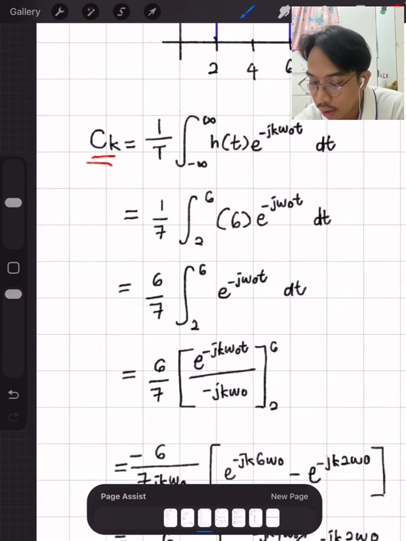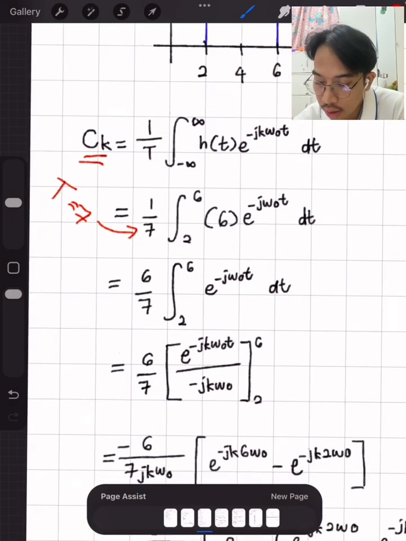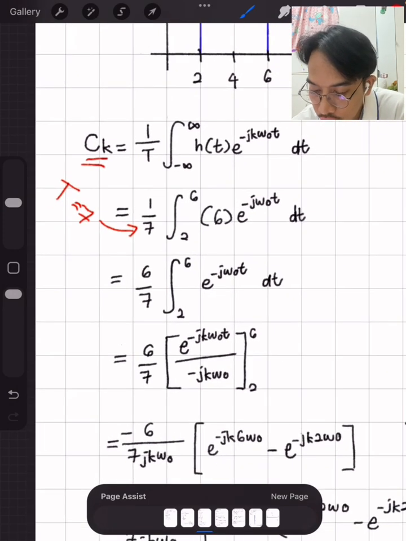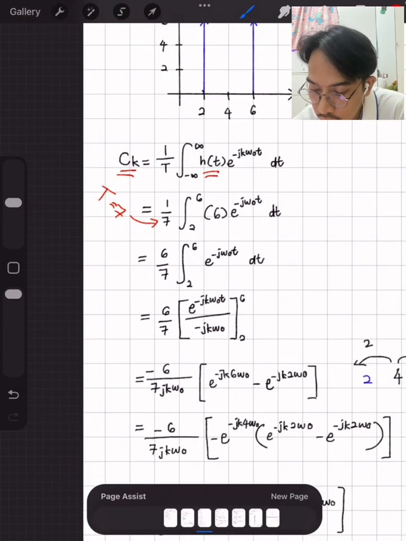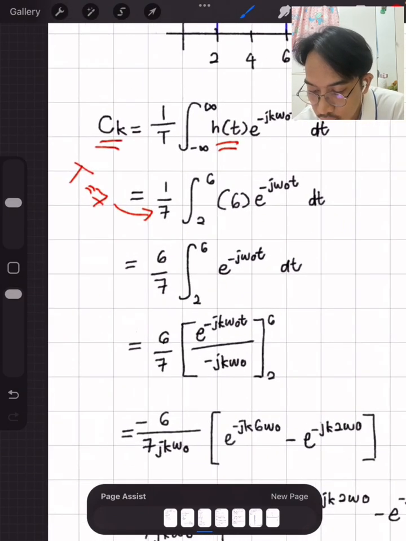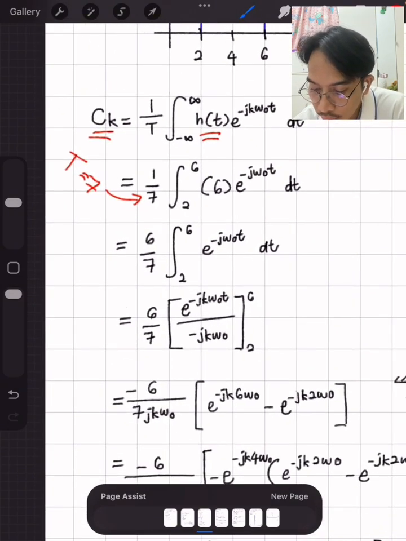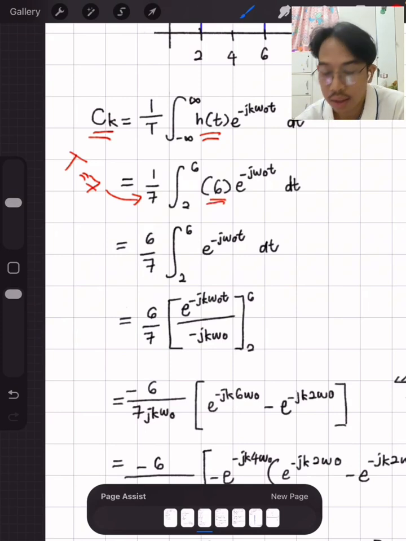Since we are given T equals 7, we substitute the value of T as 7, and the new limit for h(t) is 2 to 6, where our new h(t) is 6.